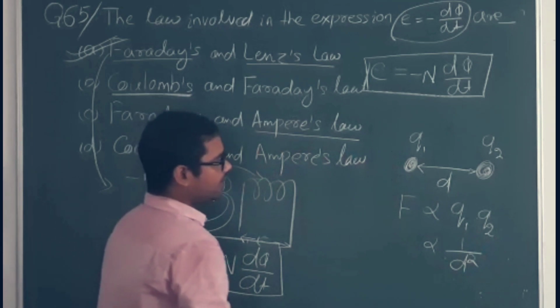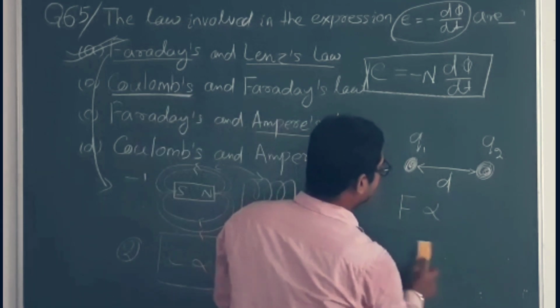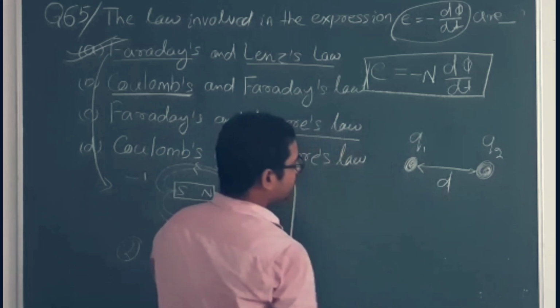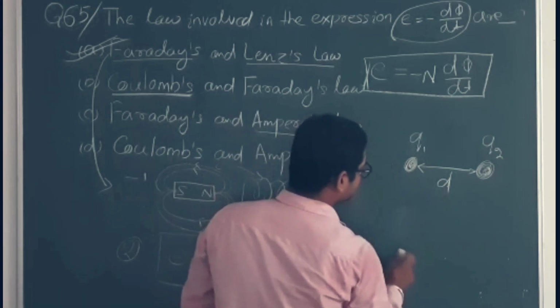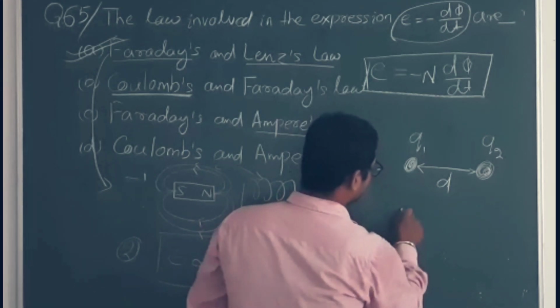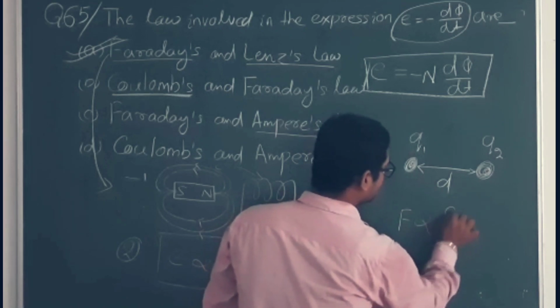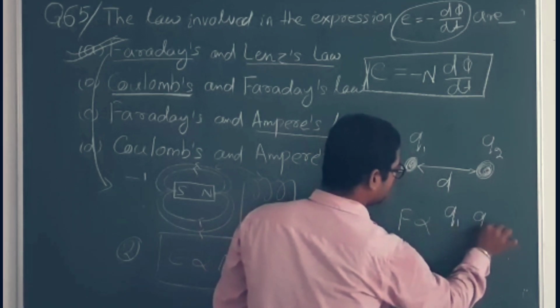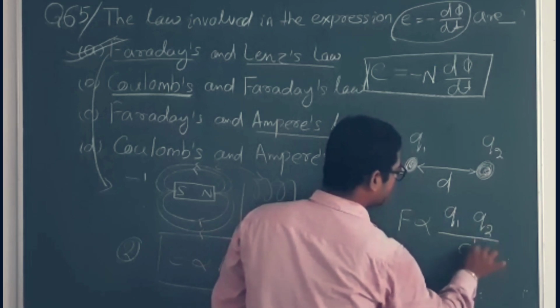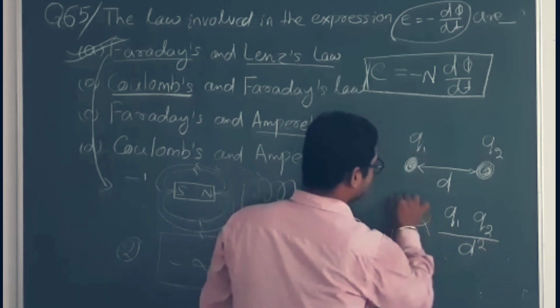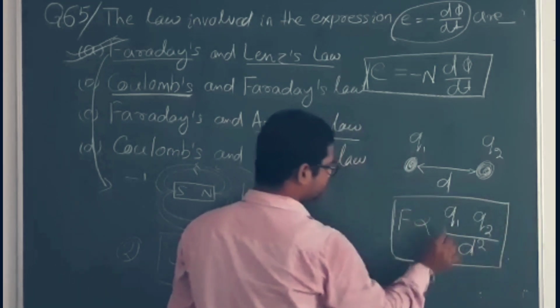So finally you can write F is directly proportional to Q1 Q2 divided by d square. This is for Coulomb.